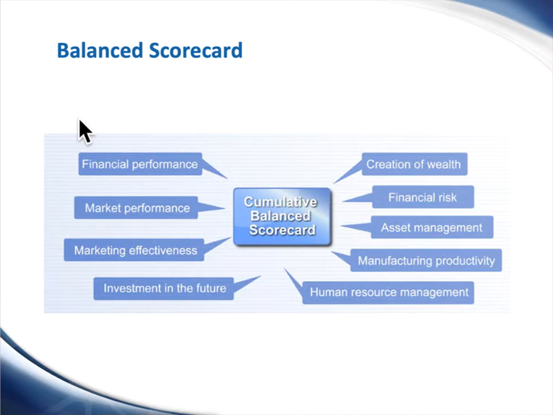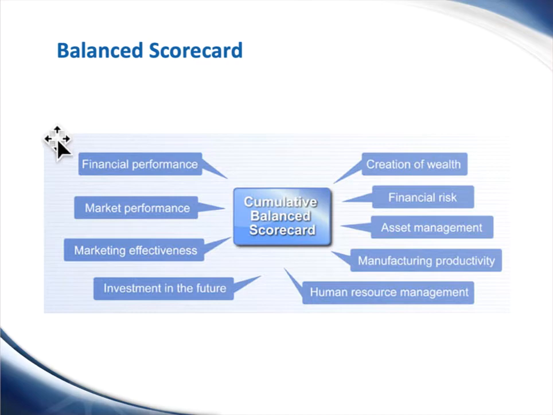Let's talk about the balanced scorecard. We are not interested in just looking at financial performance or just looking at market share. We are looking for a sustained, successful business enterprise. Therefore, we're working with a balanced scorecard, which has about 9 portions to it.